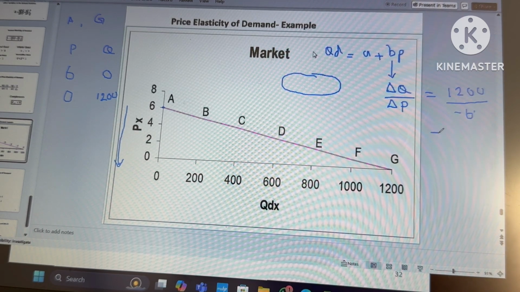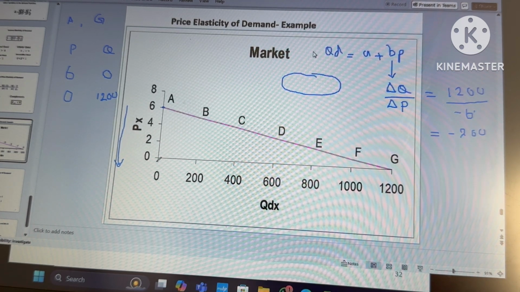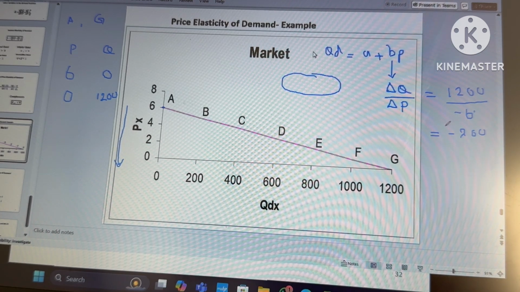So what is the value of B now? Minus 200. Okay. Now we found one coefficient value. Minus 6 means the price reduced from 6 to 0. Okay, right. Thank you.